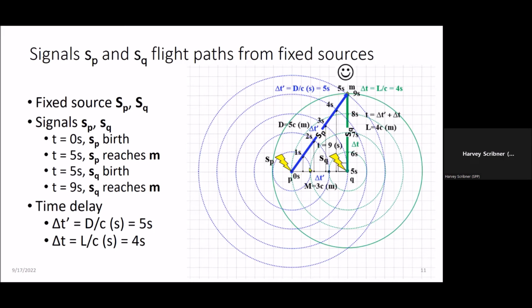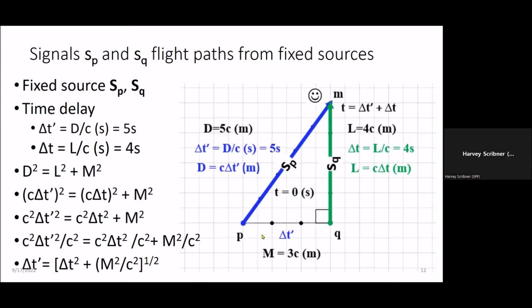And that's where this triangle comes in very handy, because you have the same delta time here on the hypotenuse as you do on the, let's say if this is the x-axis going horizontally. But you have a different time on the y-axis. And so now we can take advantage of that. So what you do is you just say, okay, if you use the Pythagoras theorem, d squared equals m squared plus l squared, backward there, l squared plus m squared.